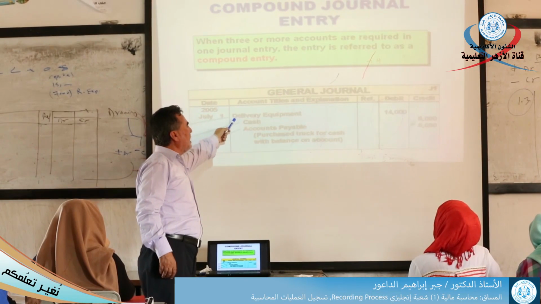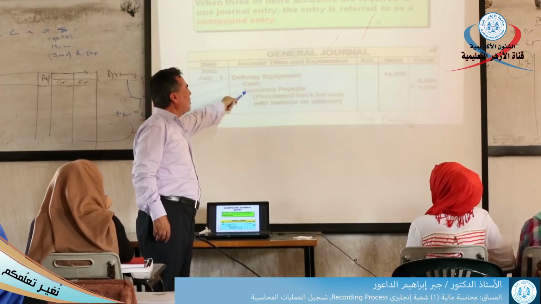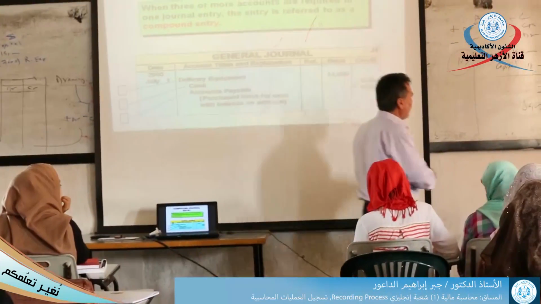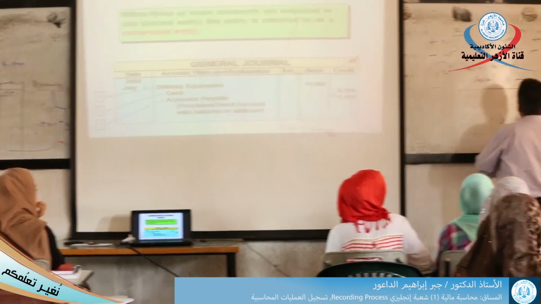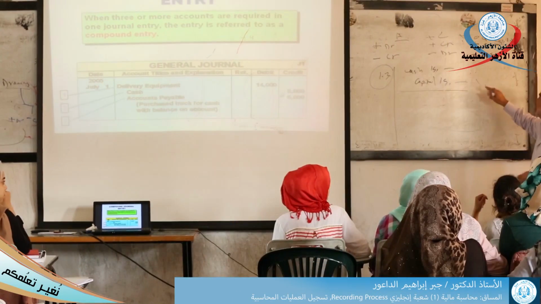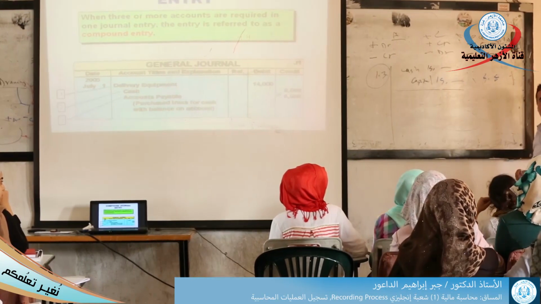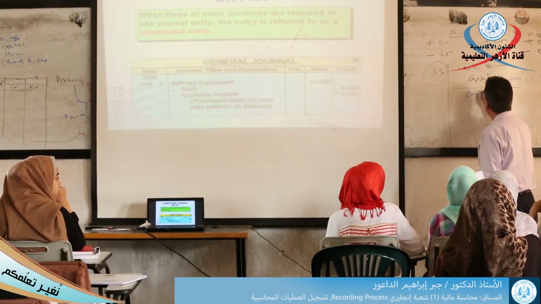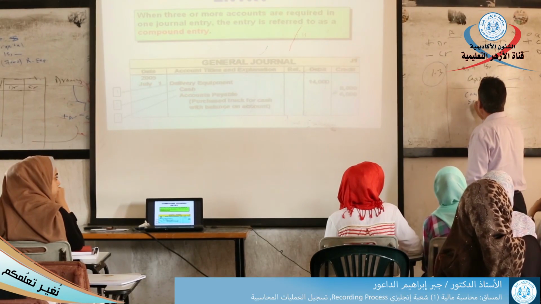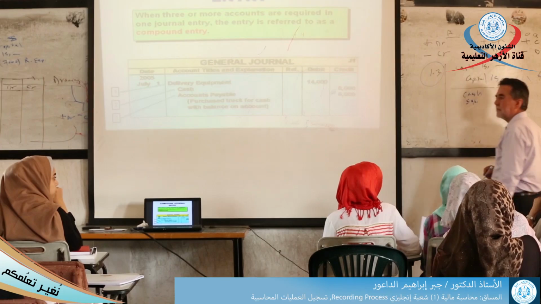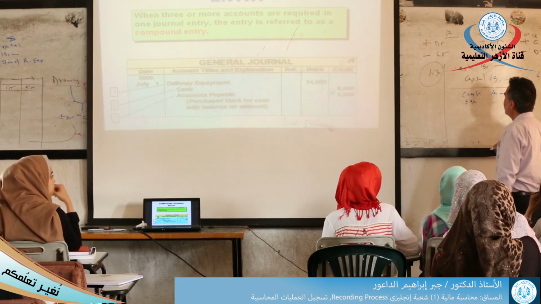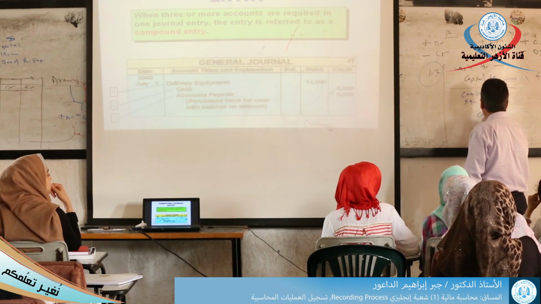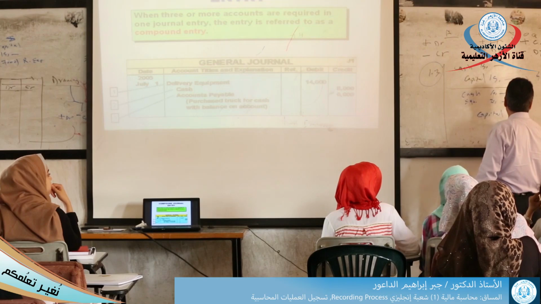Delivery equipment, cash to accounts payable. So, a simple entry, but cash, equipment, 10,000, 20,000, to, for example, capital, 30,000.